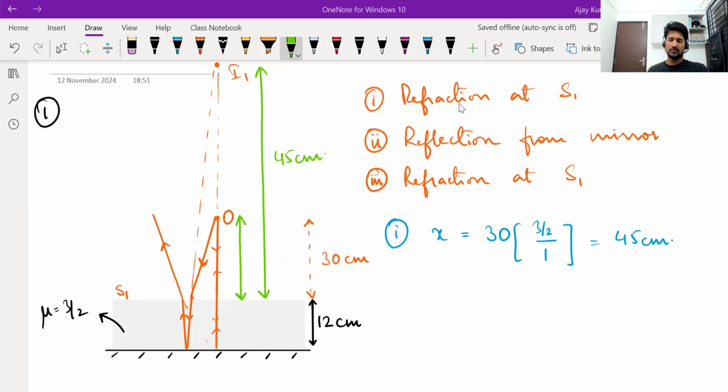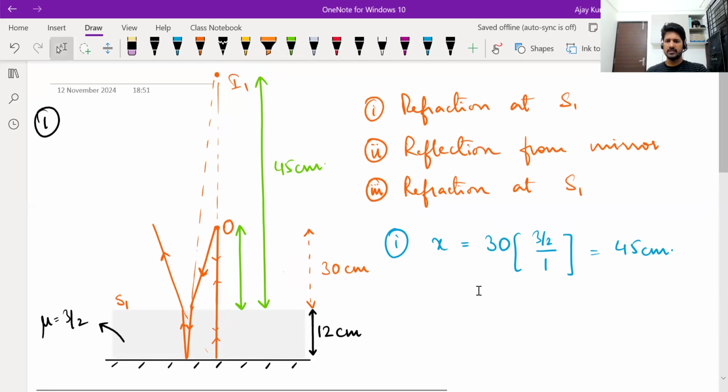So I1 is the object for the mirror. Look at the diagram carefully, and one of you tell me, where will the mirror form the image now? I1 behaves as the object for the mirror. Where does the mirror form the image?